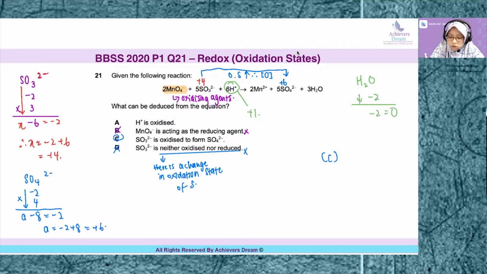I have 2 hydrogen atoms, so let's say 2x. Therefore, 2x equals +2, so x equals +1. The oxidation state of hydrogen in water is also +1. Because there is no change in its oxidation state, H plus is neither oxidized nor reduced. Hence, A is out. The answer for this question is C.